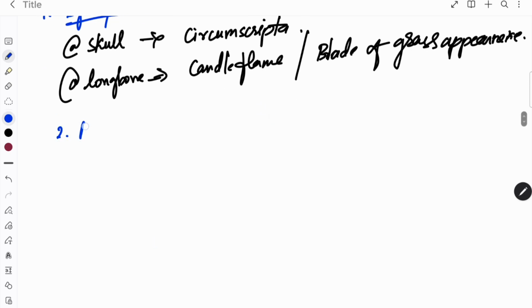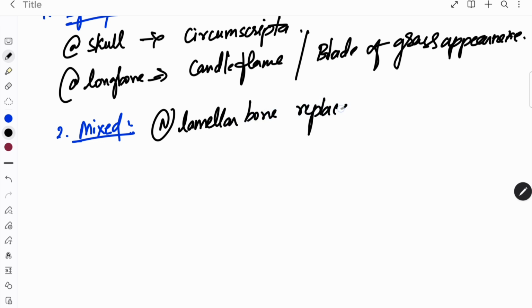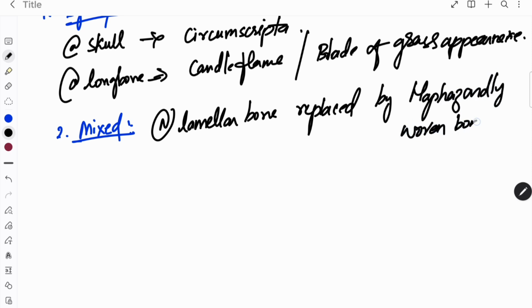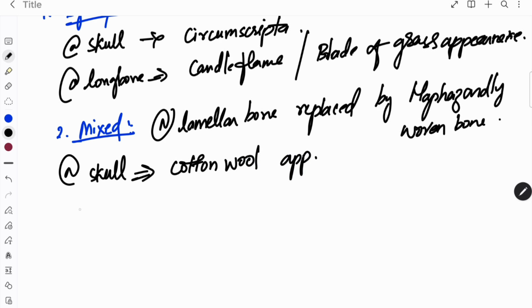And the second phase is the mixed phase, where the osteoblastic activity also starts. Because the osteoblastic activity has started, here the normal lamellar bone is replaced by haphazardly woven bone. So in the skull, we see the cotton wool appearance, which resembles the new bone formation.